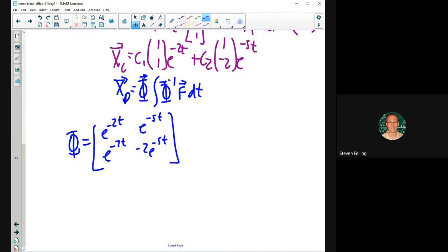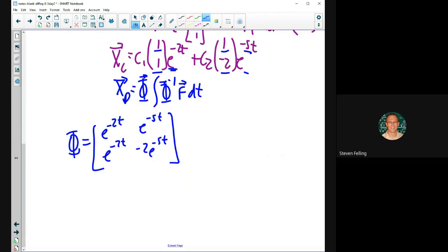So this is how you form the fundamental matrix for the system. You just ignore the c, and you just take 1 times this, 1 times this, 1 times this, negative 2 times this, and form that into a matrix. Okay? Because of the way the structure is defined here, this will have an inverse.